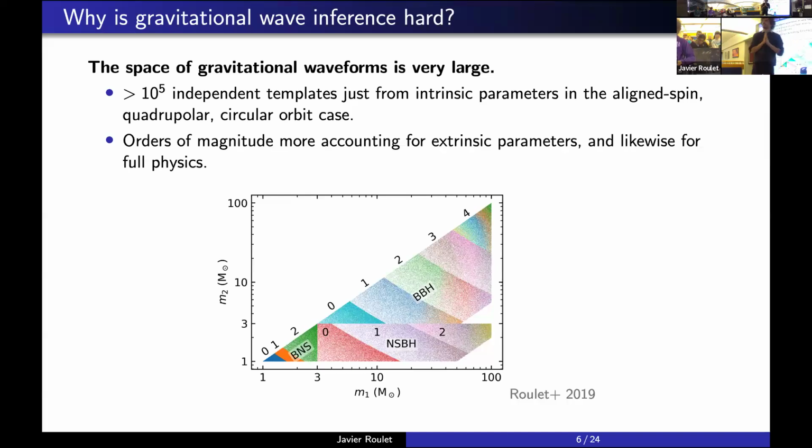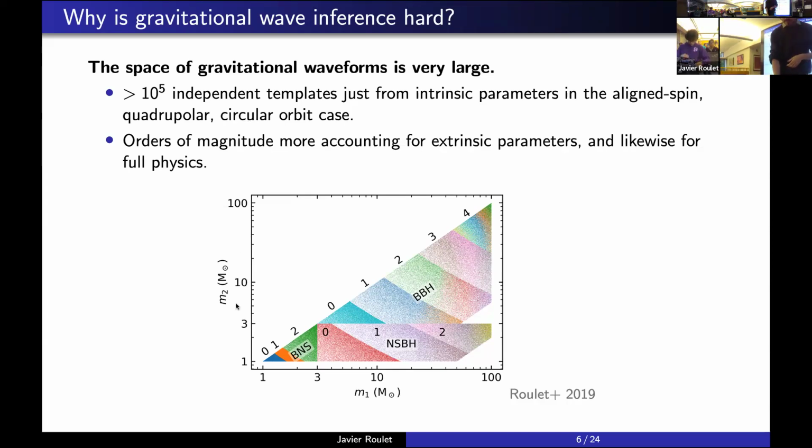So why is gravitational-wave inference hard? This is mainly because the signal space is very large. The waveforms that we detect have a very large number of possible shapes, a large number of different cycles, and so on. For example, if you just vary the masses and spins, you already get 100,000 templates.